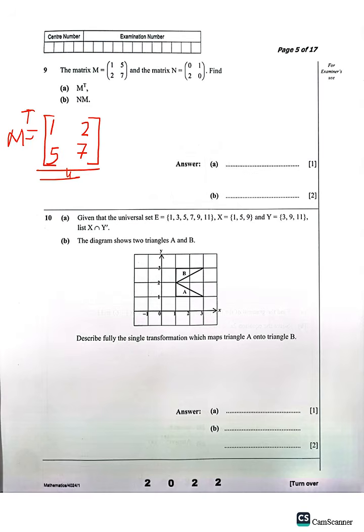Now the second part, we need to find a product of N and M. So begin by N 0, 1, 2, 0.